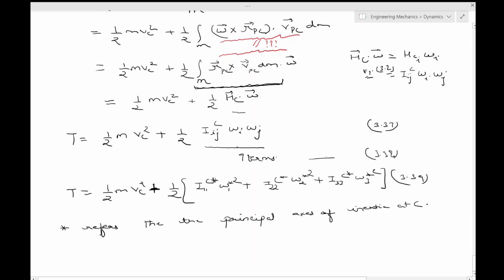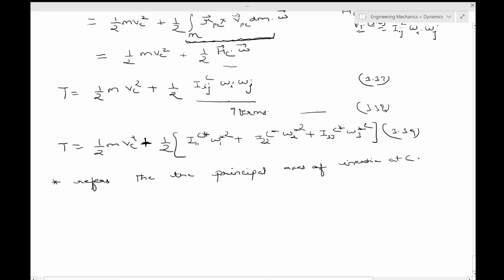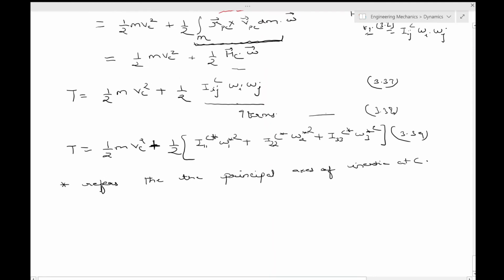Okay, and one term is clearly the translating term and the other is the rotational kinetic energy. So T_T is half m v_c square, the translational kinetic energy.